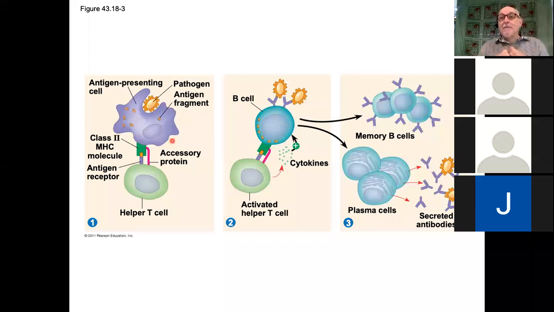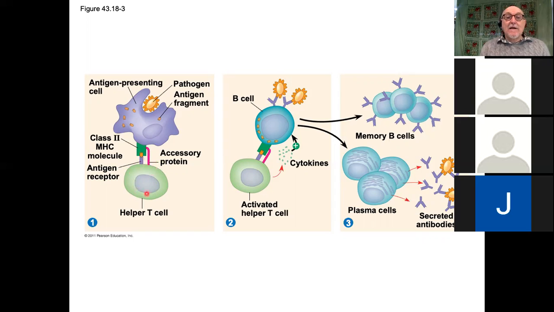It's picked up pathogen, digested the pathogen, and it's displaying portions of that pathogen as antigen. It displays it with this special molecule here called MHC class 2, which only a few cells can do: B cells, dendritic cells, macrophages, these antigen presenting cells.